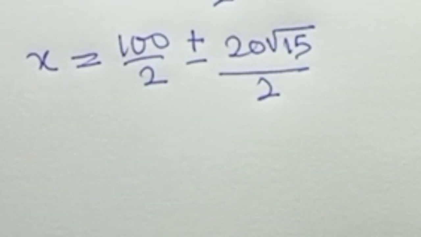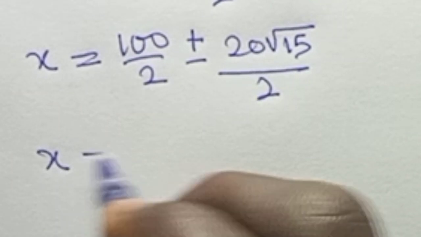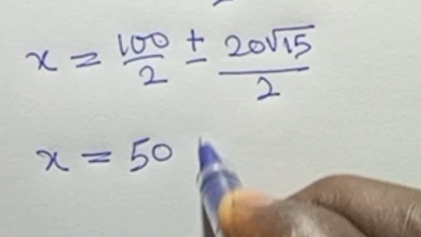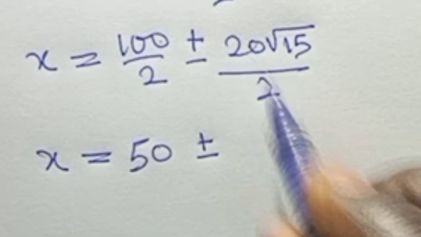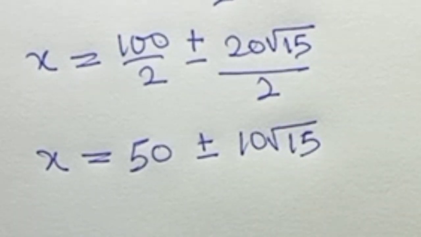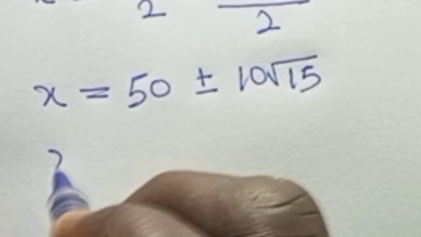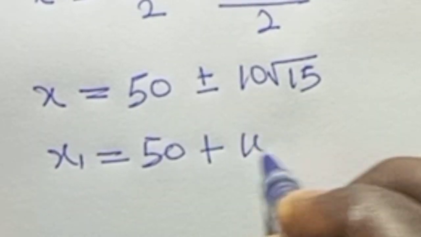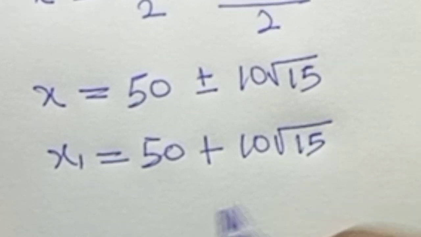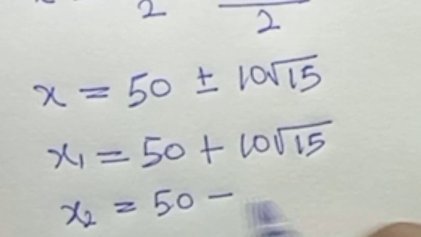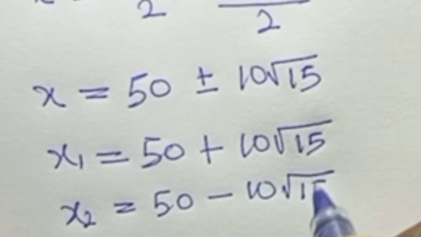And if we simplify further, we have x equals 100 over 2, which is 50, plus or minus 20 over 2, that is 10 root 15. So the values of x1 will be 50 plus 10 root 15, and x2 will be 50 minus 10 root 15.